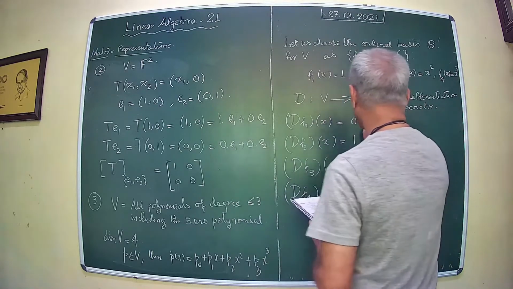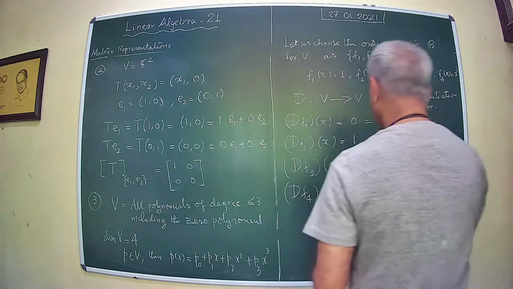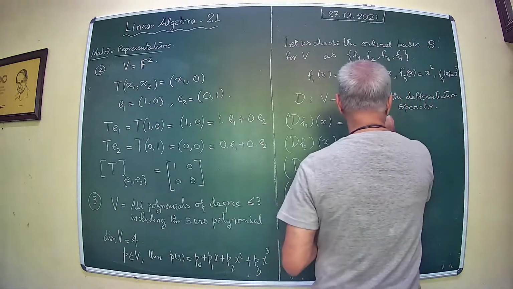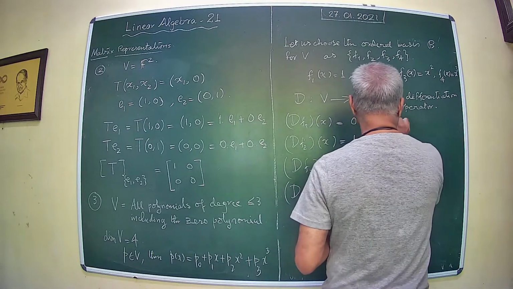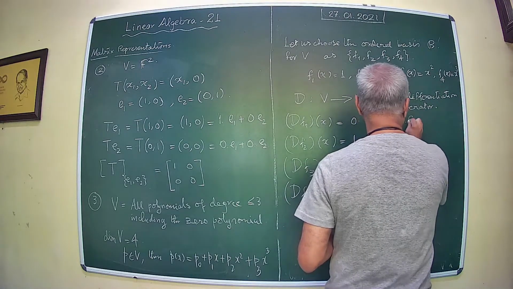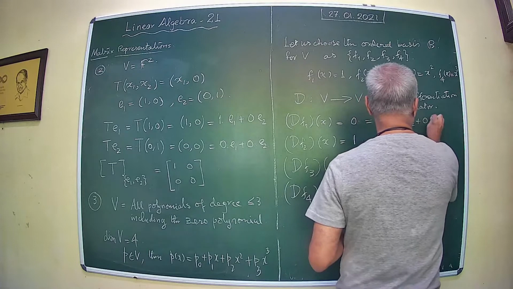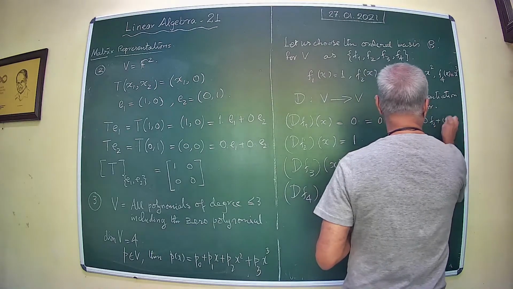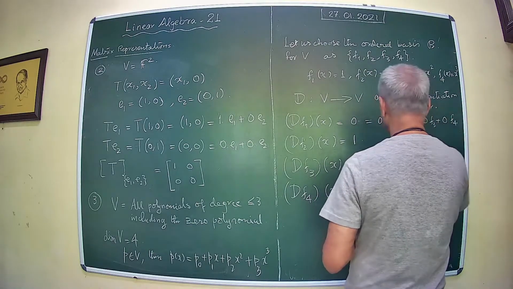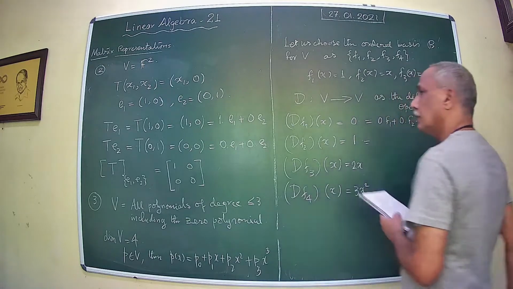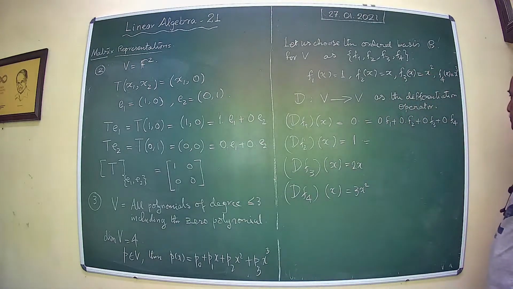Now let us write this. D(F1) can be written as 0 times F1 plus 0 times F2, a unique breakup of D(F1) in terms of F1, F2, F3, F4.